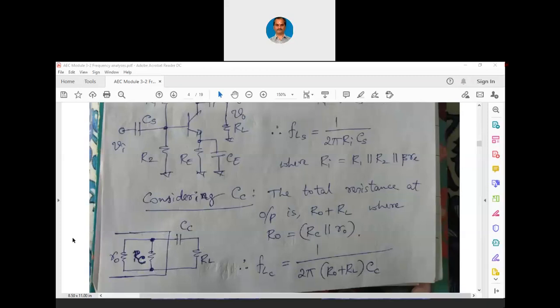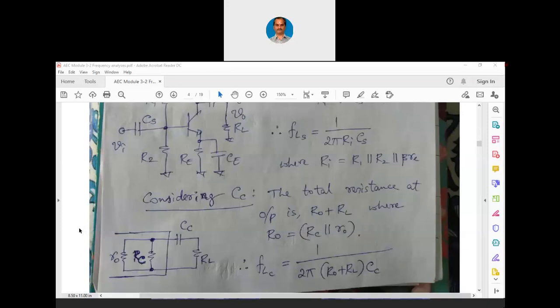FLC equals 1 over 2 pi into R0 plus RL into CC. We have the standard formula F equals 1 over 2 pi RC, right? So that R is substituted with R0 plus RL. R0 is nothing but RC parallel with small r0, into CC. So this is with respect to the collector capacitance.